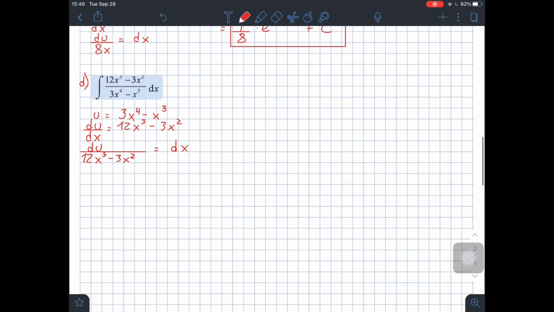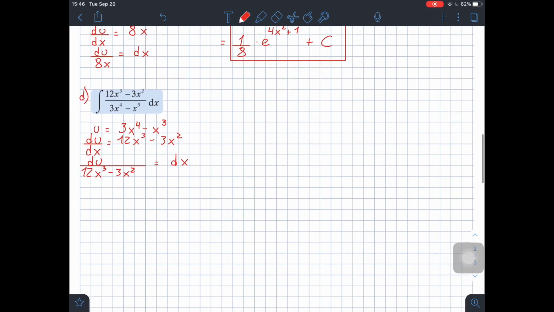Okay, so once we have done all of these changes, we're going to apply the changes to the integral. So this is the integral of 12x cubed minus 3x squared divided by u. We change all of the denominator by u according to this, times dx, but instead of writing dx, we're going to write this whole expression.